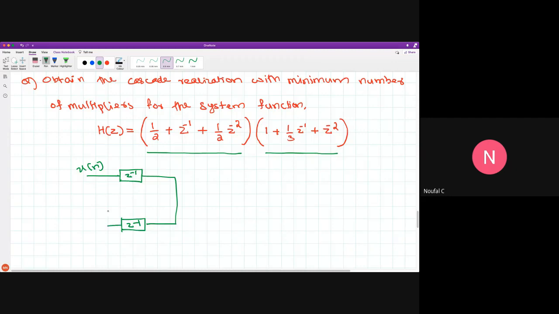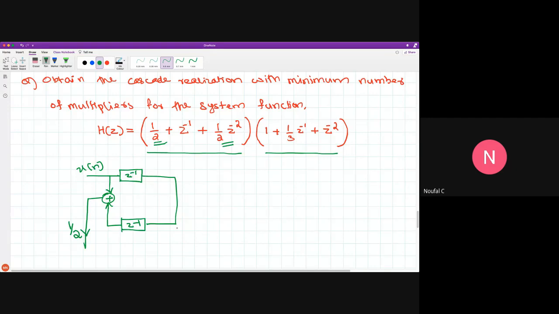Then you have to have the summer. One summer has to be put at this point. Okay, so by doing so, you are actually grouping this term and this term. One is without any delay, the second one is 2 delays. So you can take to this point and you take it to this point. So you have taken care of these two terms, then you multiply that with 1/2. Okay, and the second term, the middle, you have z raised to minus 1.